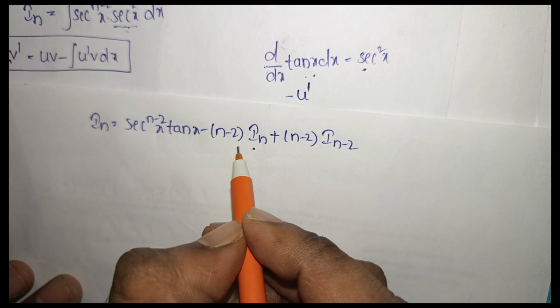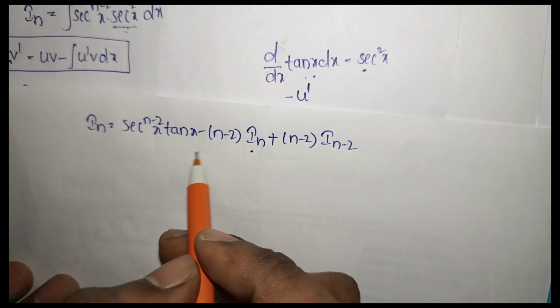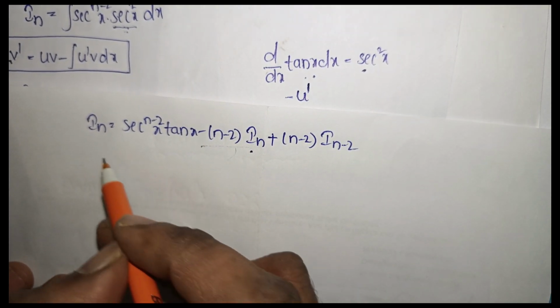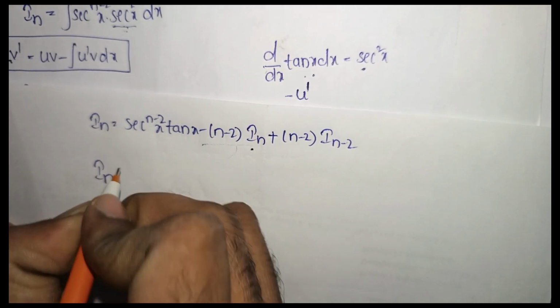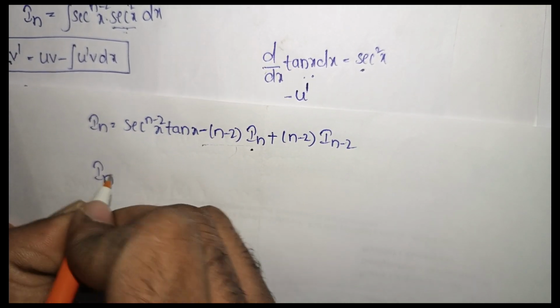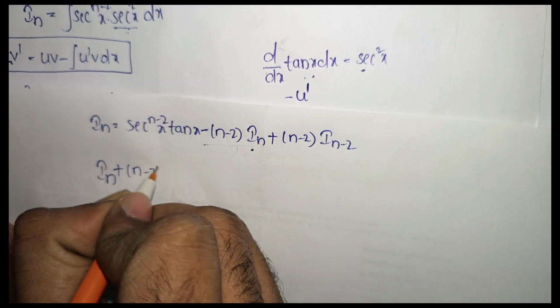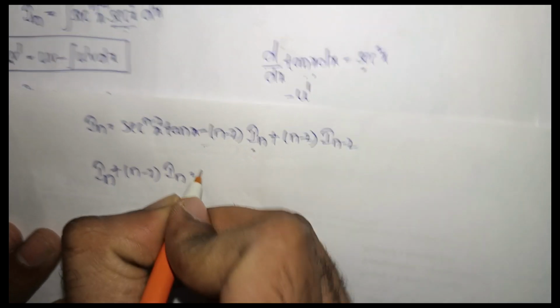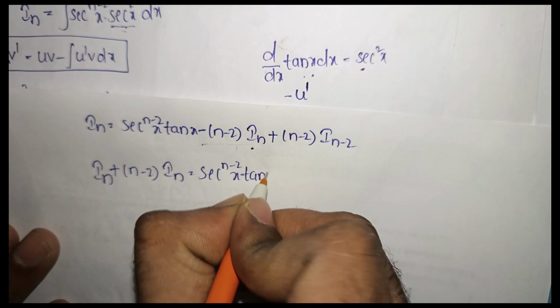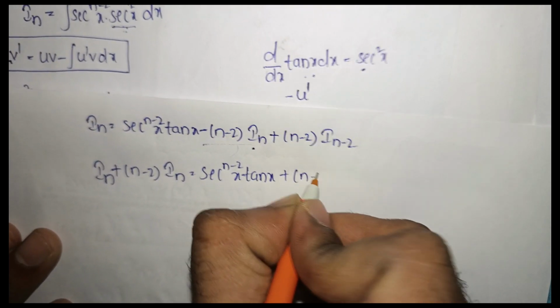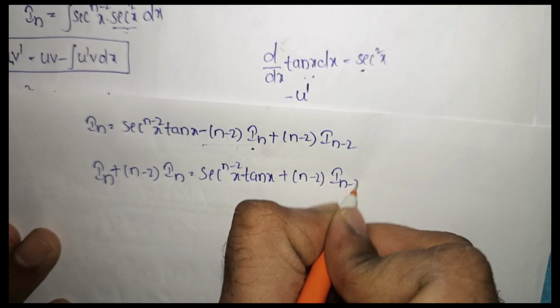So what we are doing is, we are taking this n minus 2 In to the left hand side. In plus n minus 2 In is equal to secant to the power of n minus 2 x tan x plus n minus 2 In minus 2.